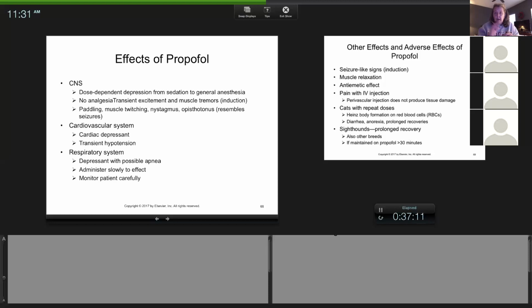But most of the time, I call it a transient apnea. Maybe the dog had a more profound effect. Maybe you gave it too fast, or a little too much. But as long as your other parameters are within normal limits, you can just breathe for them and give them oxygen, and the apnea should go away.